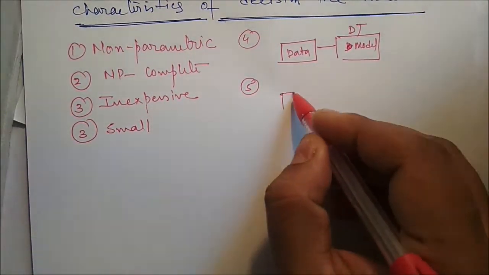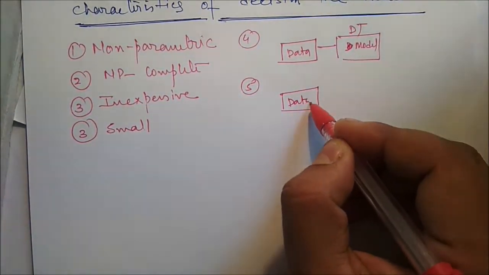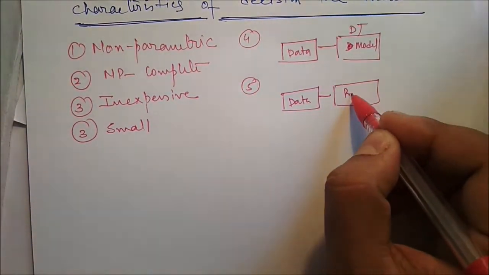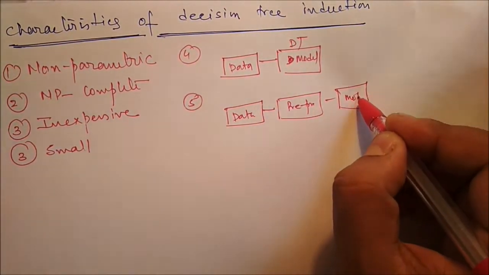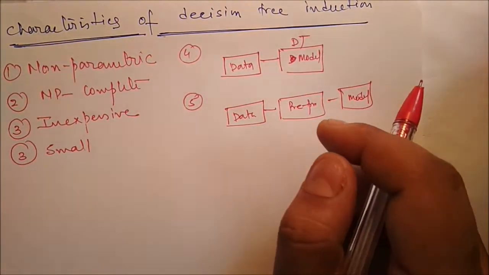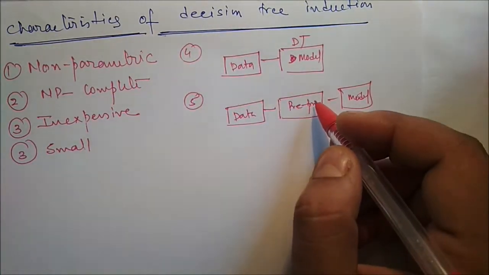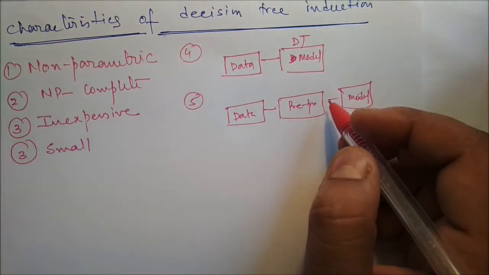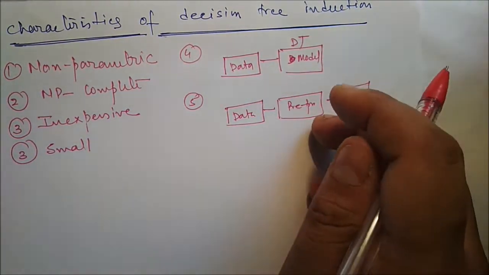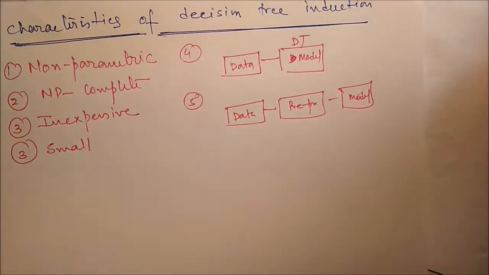So here we may use pre-processing to construct the model. If you select fewer features, we can restrict the tree size, and that means we can keep the tree size small.